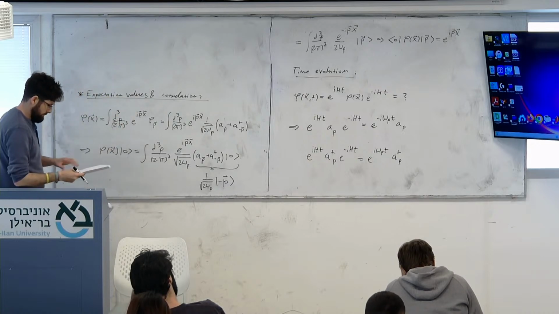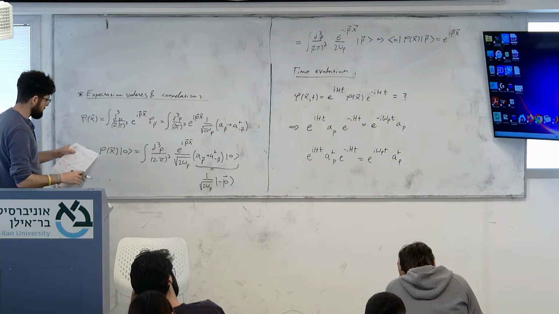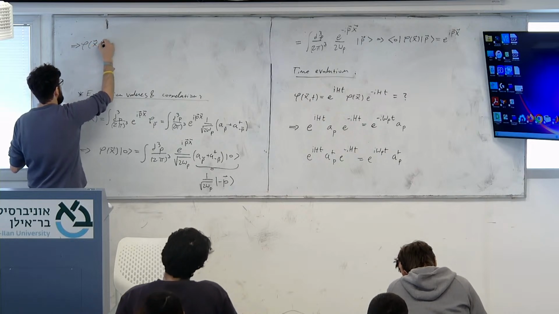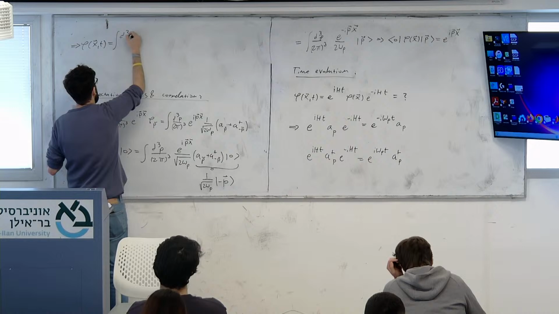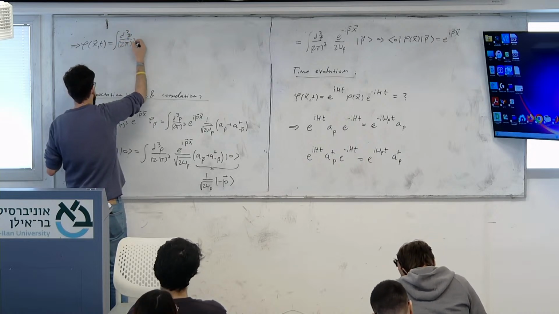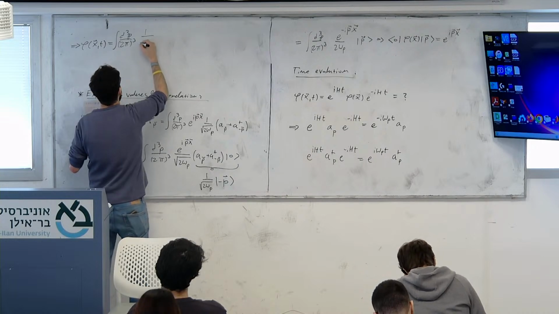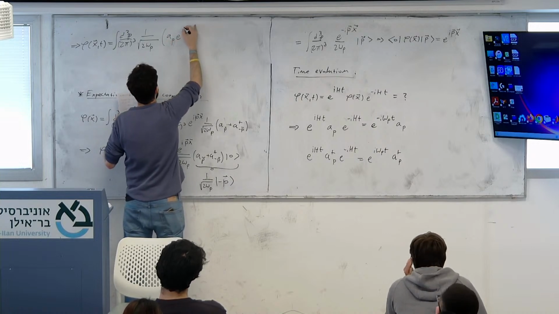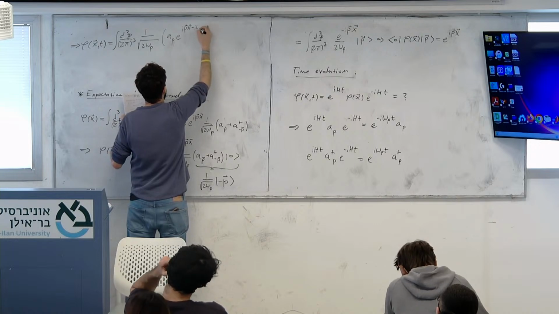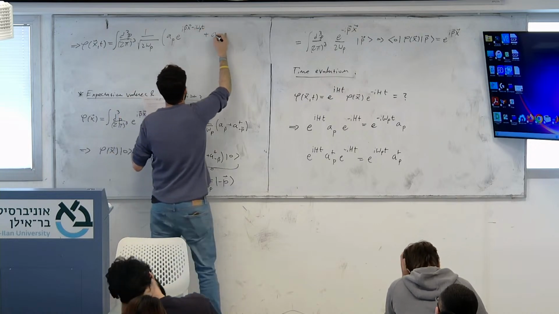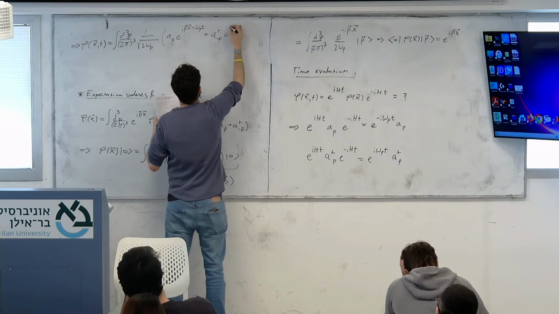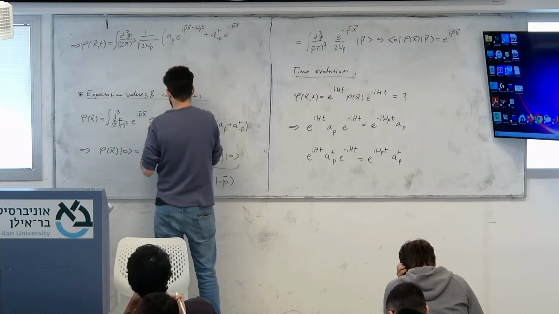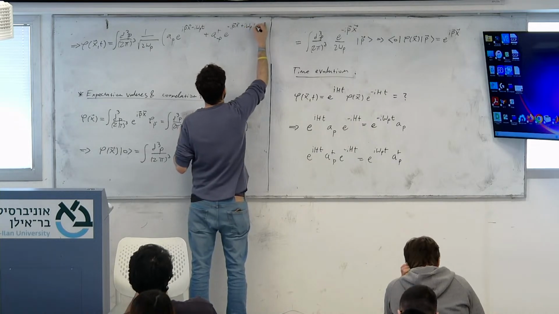And therefore phi of x t is equal to the integral d3p over 2 pi cubed 1 over square root of 2 omega p, ap e to the ipx minus I omega pt plus a dagger minus p e to the minus ipx plus I omega p t.